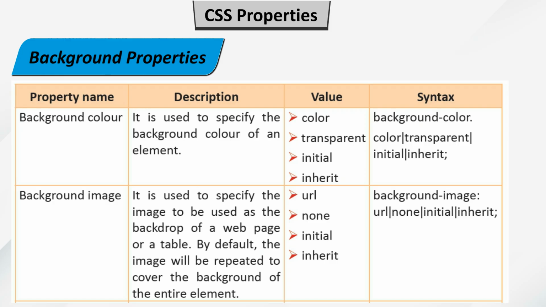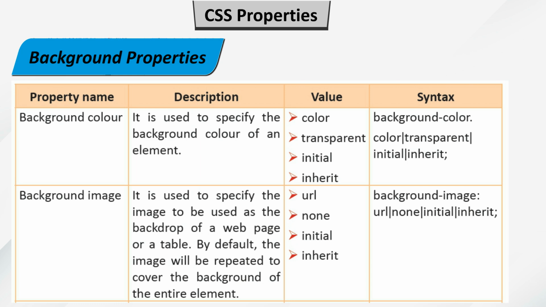Property name, description, value, syntax. Background color. It is used to specify the background color of an element. Values: color, transparent, initial, inherit. Background image.